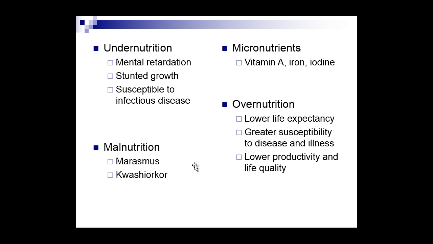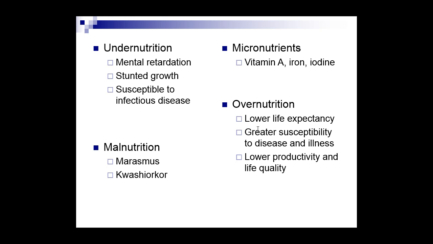Also, another interesting statistic for you, Americans on average spend about $36 billion a year to lose weight. That's gym memberships, Jenny Craig, Weight Watchers, all that stuff. It only takes a little bit more than half of that, $19 billion a year, to feed everyone in the world, to eliminate undernutrition and malnutrition.